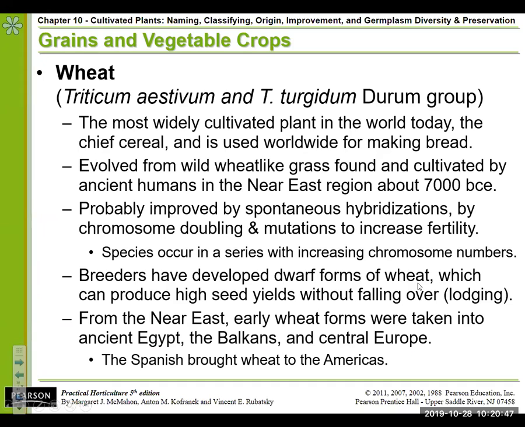Also from the Near East, we have early wheat forms taken into places such as Egypt, the Balkans, and Central Europe, where there were different wild ancestors. So they cross, and then new characteristics arise. And then it eventually gets taken all over the world. The Spanish actually brought wheat to the Americas. So we'll end off there with our conversation on wheat, Triticum.